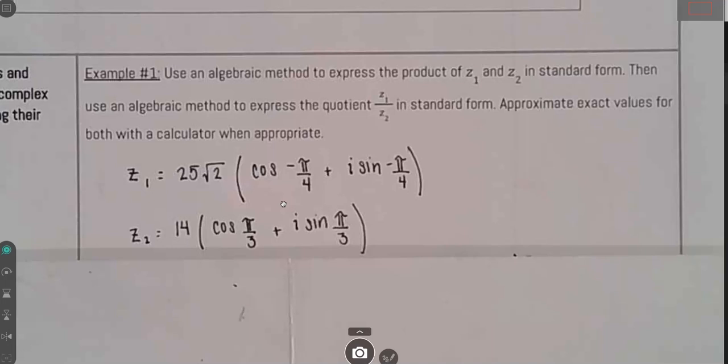Wait, is it not sine pi divided by 12? It would be, yeah, it's sine pi over 12, but you have to multiply that by 350 root 2. Did you distribute the number outside the parentheses?